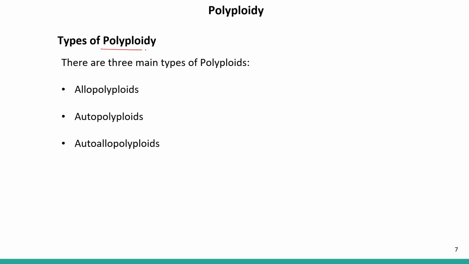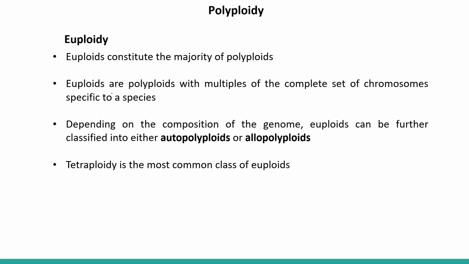Types of polyploidy. There are three main types of polyploidy: allopolyploids, autopolyploids, and autoallopolyploids. In this session, we are going to discuss allopolyploids. Euploids constitute the majority of polyploids. Euploids are the polyploids with multiples of a complete set of chromosomes of a species.